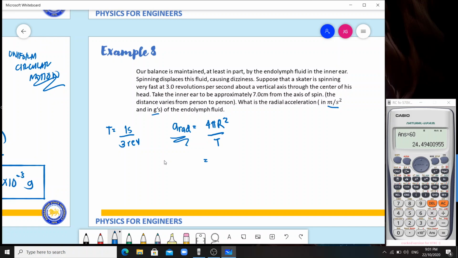Okay. So, 4 pi squared, 7 centimeters over 100 centimeters times 1 meter. We just convert. 4 pi squared r over t squared. Our t squared is 1/3 squared.